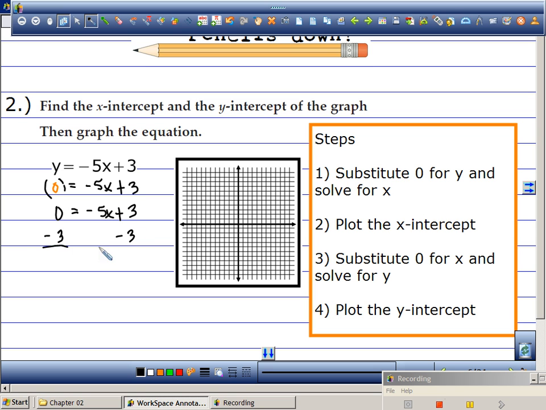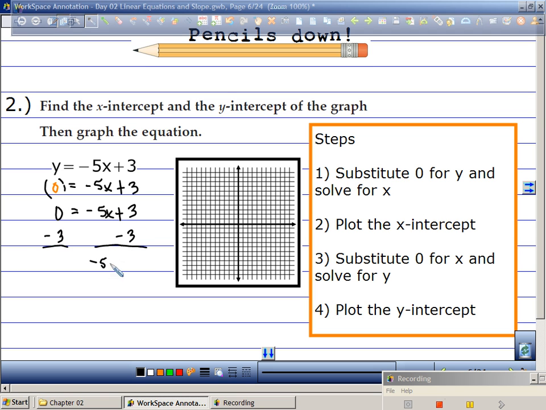Subtract 3 from both sides. This isn't going to be very pretty numbers. Negative 5x equals negative 3. Divide by negative 5, divide by negative 5, and I get x is equal to 3/5.